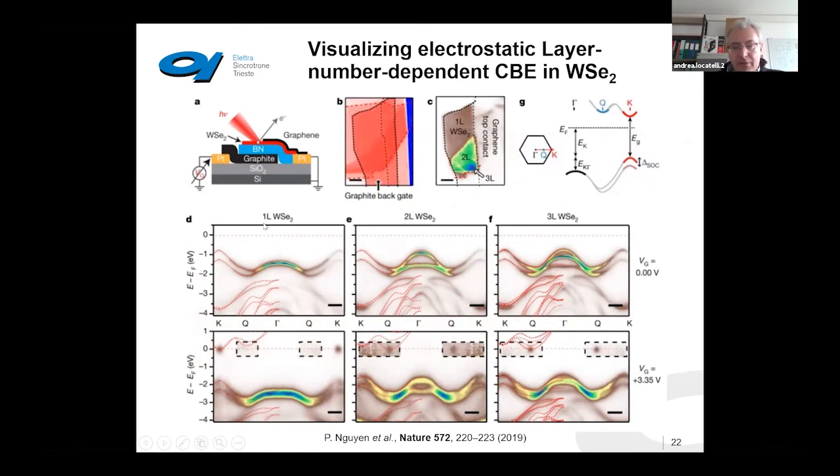And they wanted to see and compare with the theory the electronic structure of 1, 2, and 3 monolayers. And the particularly important thing is that injecting charge here, they were able to shift the bands downwards at higher binding energy, and they were able to image in this way the conduction band edge.